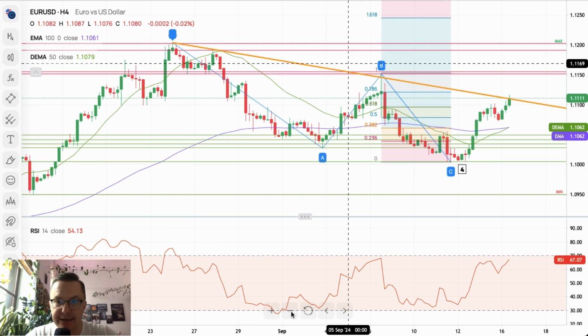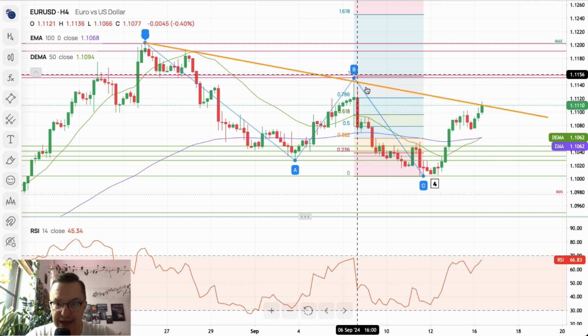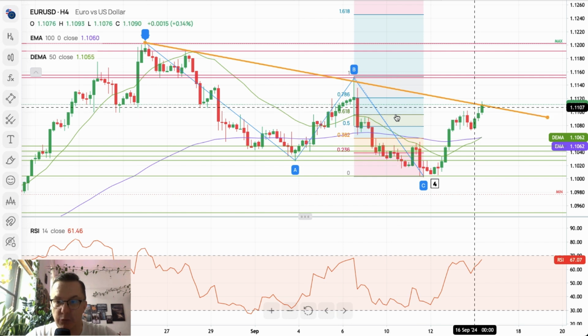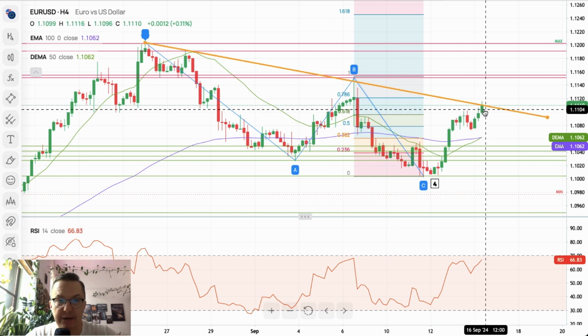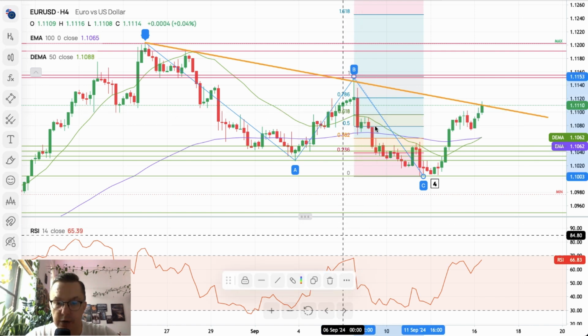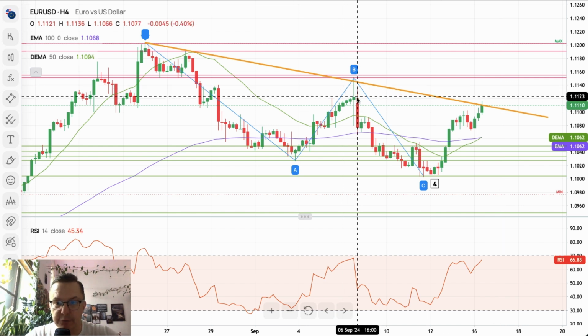It looks like the market broke above the 61% Fibonacci retracement of the last swing down, which is in our situation wave C. 1.1096 was that level. Now we are way above this level. Local high 1.1116. So this Fibonacci measurement is no longer needed, which is why it's out of this chart now.